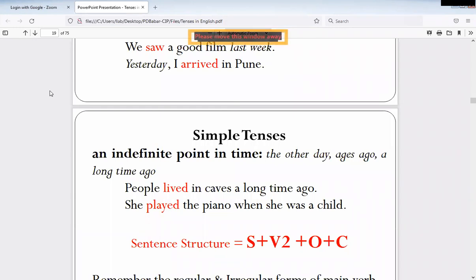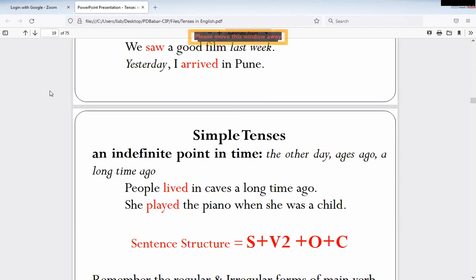People lived in caves a long time ago means it has a time span of thousands or lakhs or millions of years ago. We were not developed. We did not have an intelligent brain at that time.